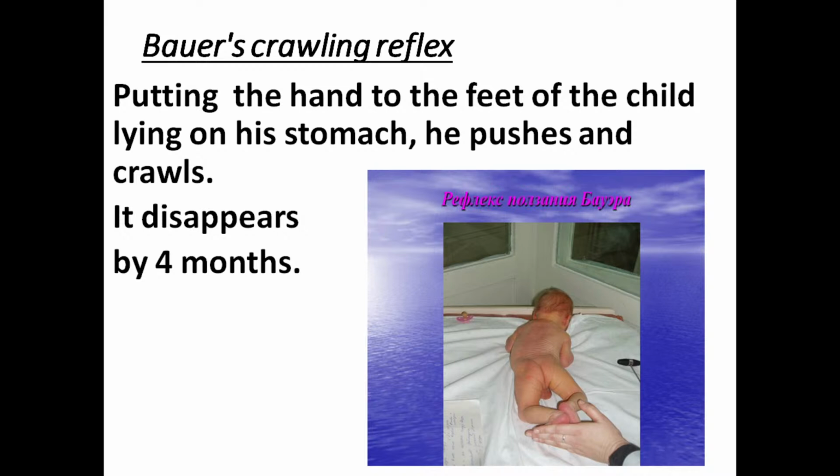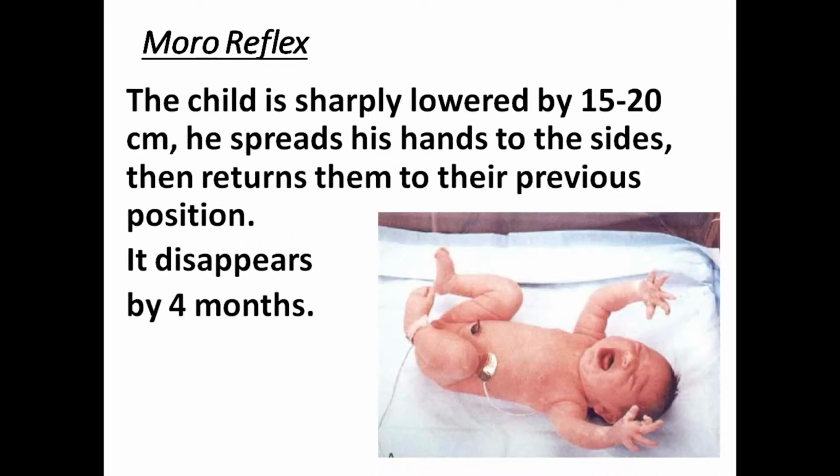It's just a crawling reflex when you put the hand to the feet. Moro reflex: the child is sharply rotated by 15 to 20 centimeters, or you make a loud noise on the table, and the baby spreads his hands to the sides and then returns.